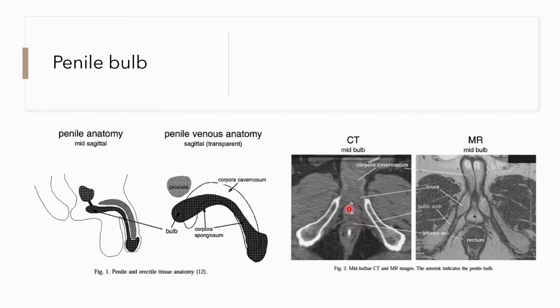At the mid portion of the penile bulb level, this is what the penile bulb looks like on the CT scan. It's a teardrop shaped structure, and if you start contouring from this level, you will be able to go up and see where it ends.